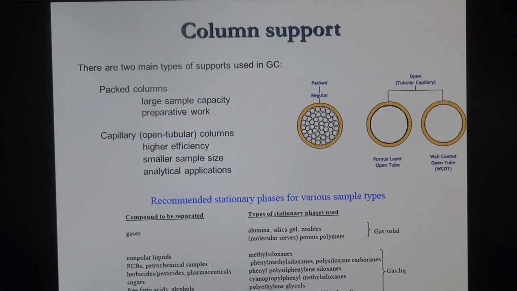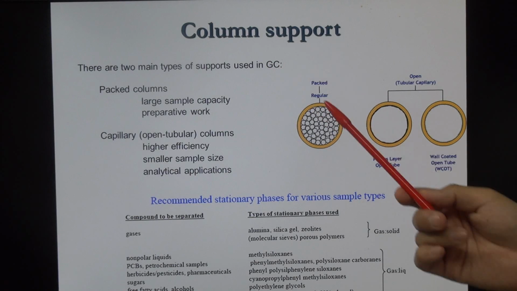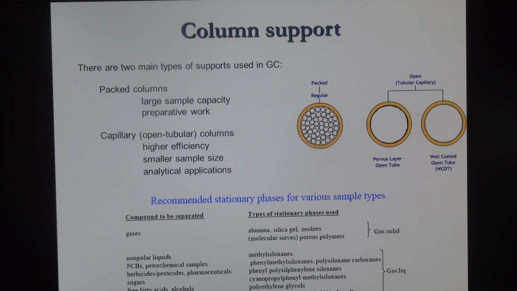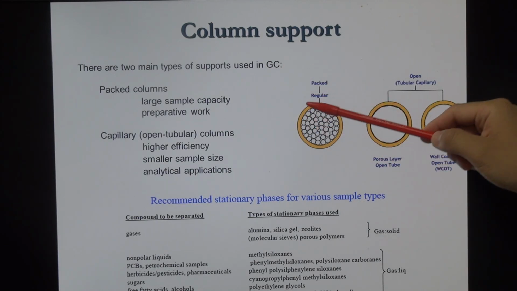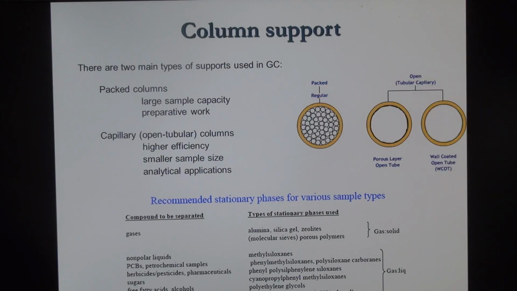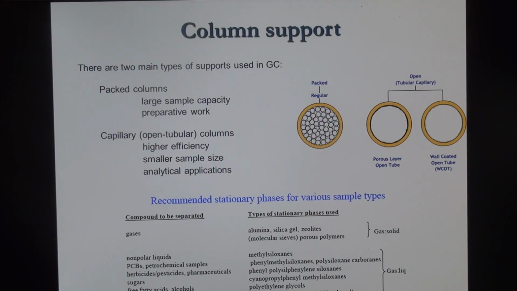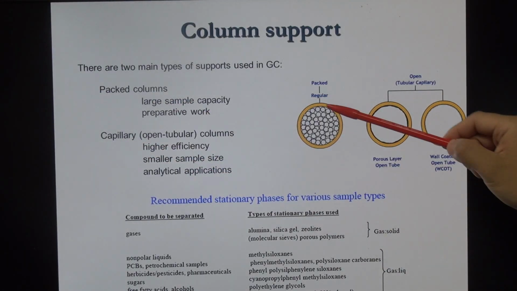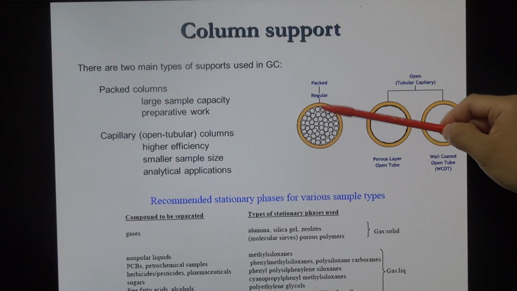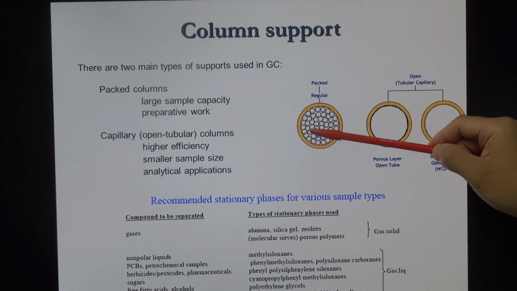So we mentioned the solid support, liquid coated on support, or covalently attached support. Okay. So there are two main different kinds of support used in GC: packed column or capillary column. So basically, packed column is the tube packed with certain materials.